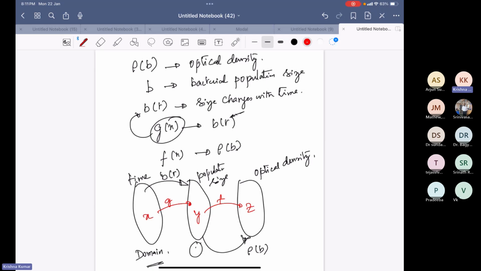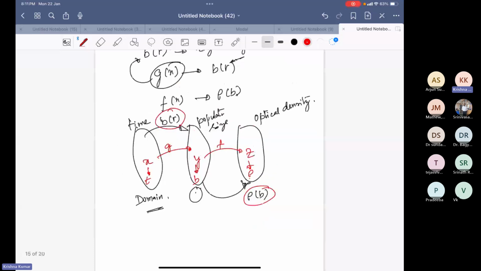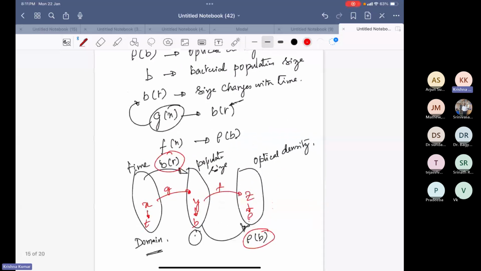So in reality, g of x, f of x is now, for example, b of t, rho of b. So x takes the values of time, y takes the values of population size, z takes the values of density. This is how we generalized it, calling it g and f. Then a specific example, we called them b of t and rho of b.